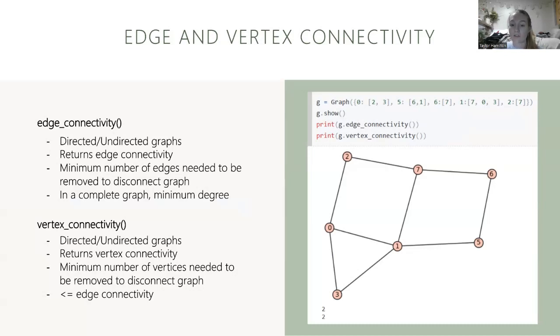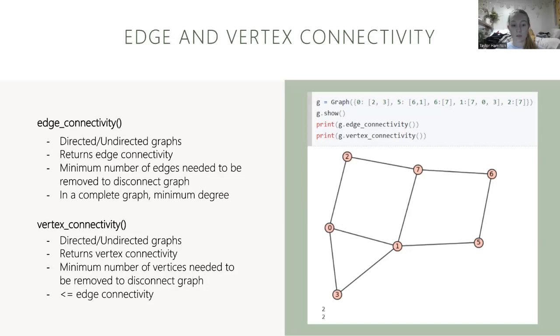In my graph over here, graph G, I call edge connectivity on G, and SageMath will return 2 because 2 edges need to be removed at minimum to disconnect the graph. For example, I could remove the edge from vertex 0 to 3 and then from 1 to 3, and that would disconnect the graph because you would have an isolated vertex 3 and then the rest of the graph. So the graph would no longer be connected, there would no longer be a path to 3.